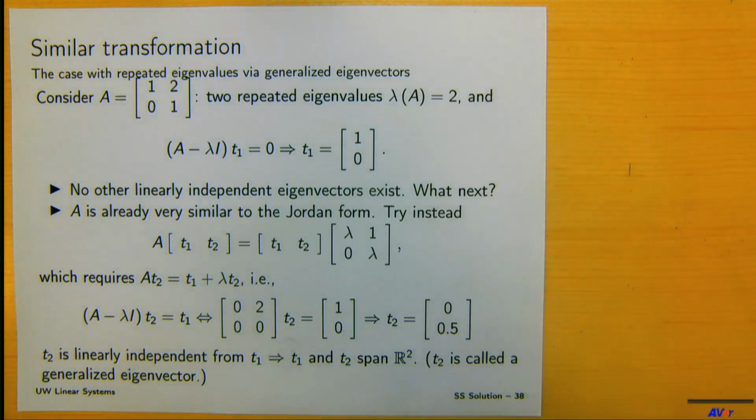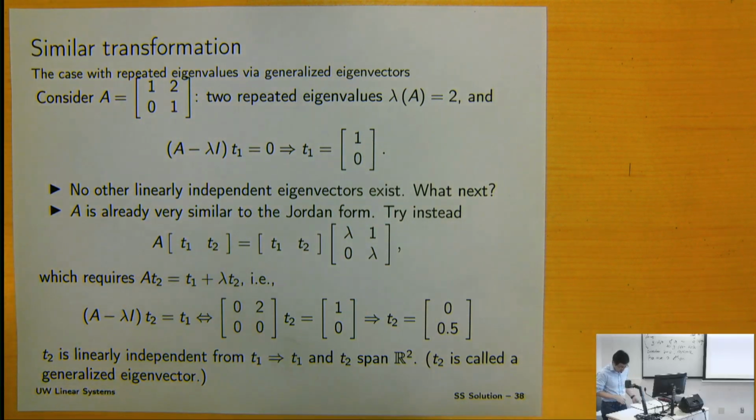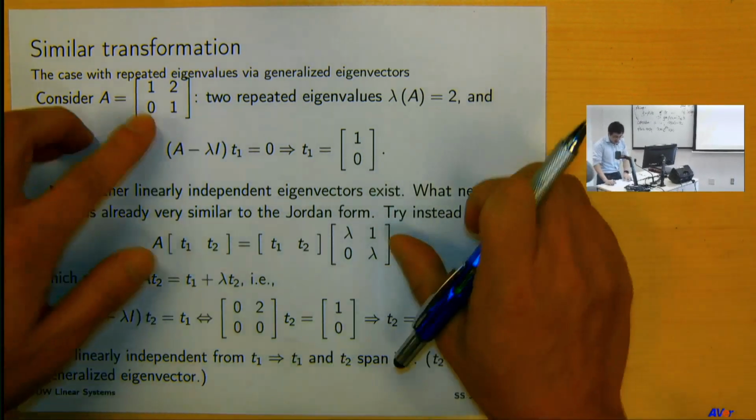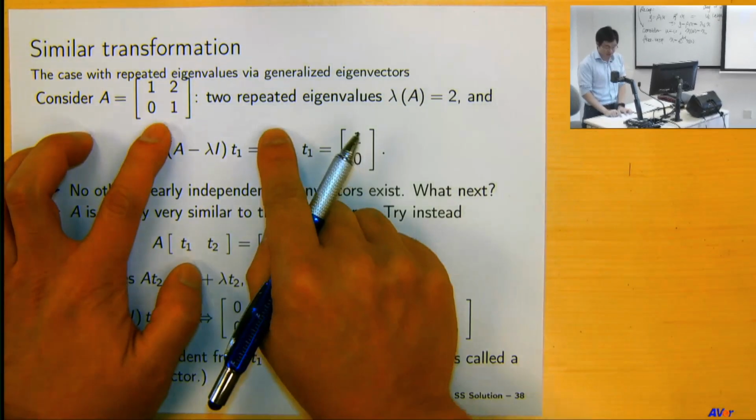So let's take a look at this example where we have a 2 by 2 matrix, 1, 2, 0, 1. Let's see what the eigenvalues are.